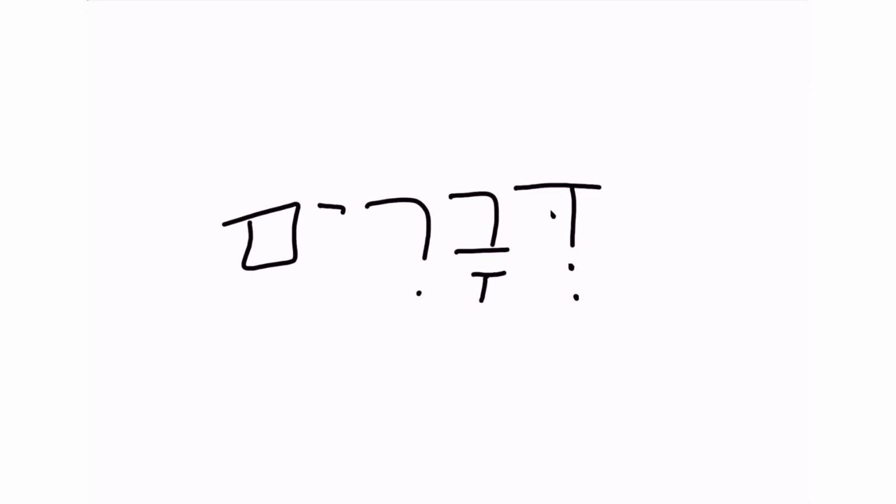So what is it? Davar goes to dvarim in the plural. That komets reduced. It reduced to a shva.